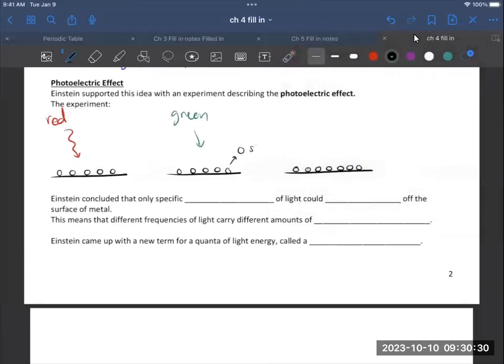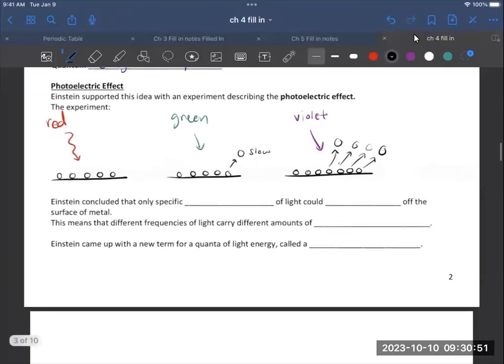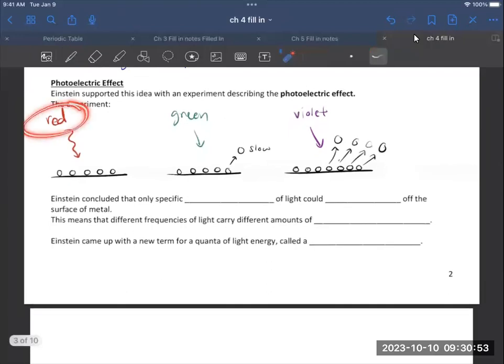They'll be slow, and it'll happen occasionally. However, if you shine violet light at the electrons, they will all start to fly off enthusiastically. Every single electron is ejected with lots of energy. And Einstein was really confused by this, because he would make the red light really, really, really bright.